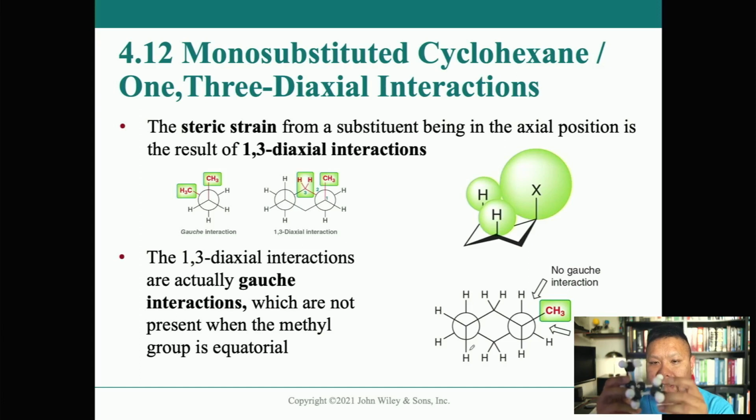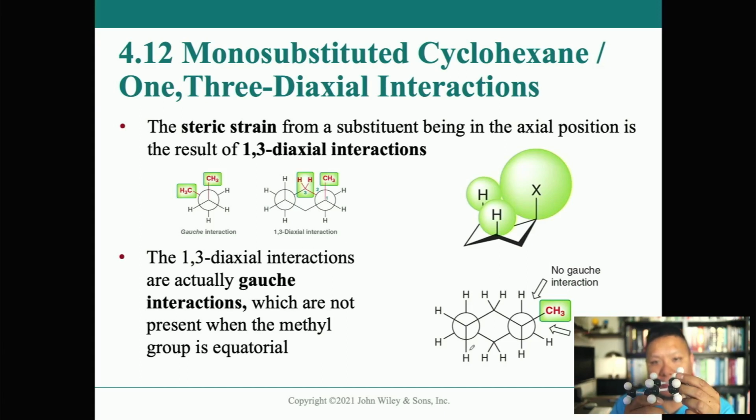these axial hydrogens are in the gauche position. But when you do the ring flip like this, now the methyl group is in the equatorial position instead of the axial position.